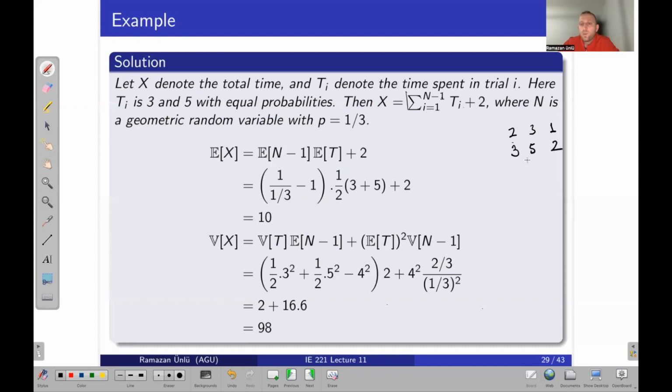The total time will be 10 hours, right? So that's why the n is here, 3, and the number of failures is 2. That's why the index goes from 1 to n minus 1, because the nth one is the success one, the first door.